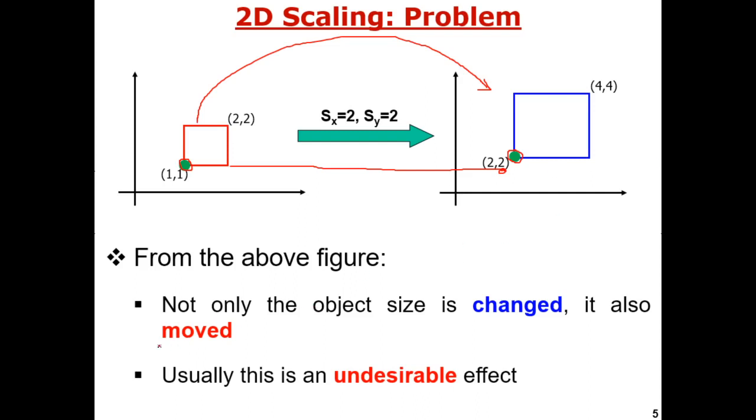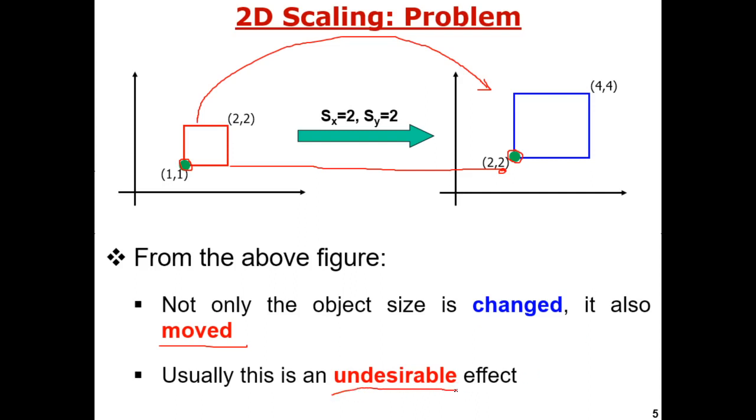The object shape is changed as well as the object position. If the object position changes, it means translation also happens, which is not allowed, because we are going to perform scaling. So this is known as an undesirable effect.